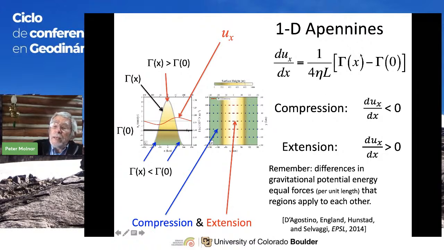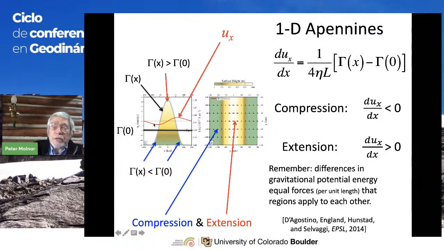And conversely, if the gravitational potential energy over the region is greater than that, as it is in this middle part, which would be the high region, of course, where you're in this state, then you would have extension. The velocities would be increasing as you go away. And for this particular value, you have a plot of the horizontal component of velocity, which would be decreasing where the potential energy is low.